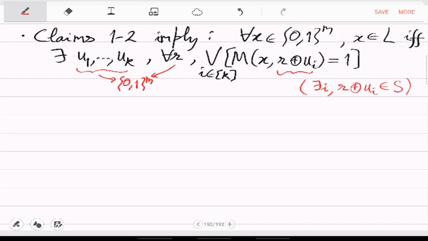Okay, so that is for the yes string x. For the no string x, the set S will be so small that no matter what u1 to uk you pick, this statement will not be true. Okay, simply because gamma U S is not everything. So that is what claims 1 and 2 have shown, which is nothing but showing that L is in sigma 2.